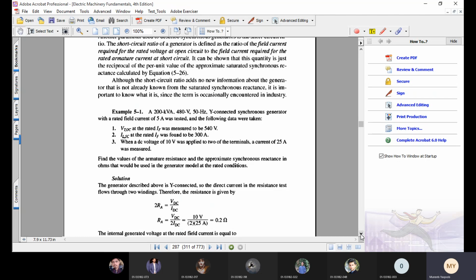Hence from this information we can easily compute the internally generated voltage as 540 divided by root 3. Similarly, in the second point, they directly gave us that the short circuit load current is found to be 300 ampere, and we all know that in a Y connection the load current or armature current is just equal to the phase current.